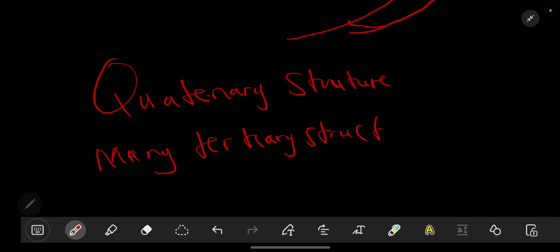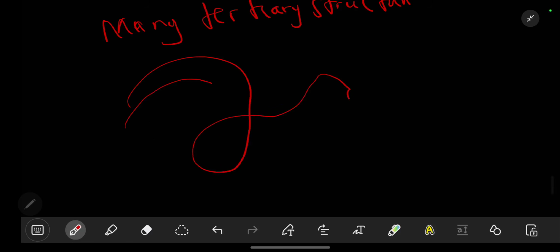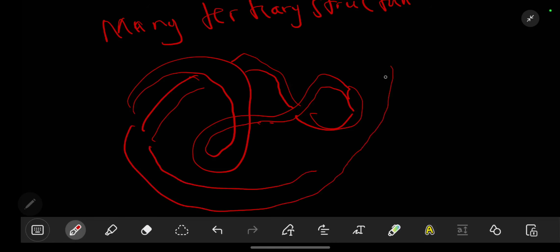If we have this type of tertiary structure, and then another one there, together they form a quaternary structure, meaning there are a lot of tertiary structures.